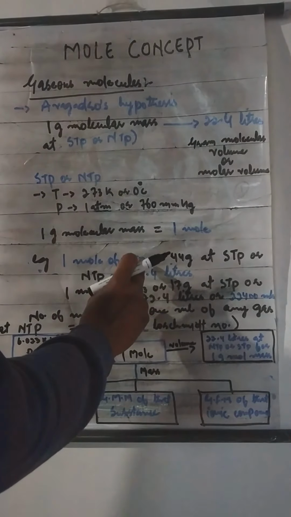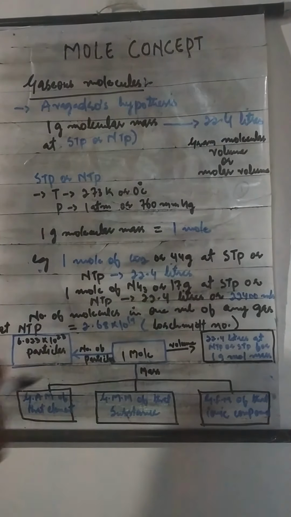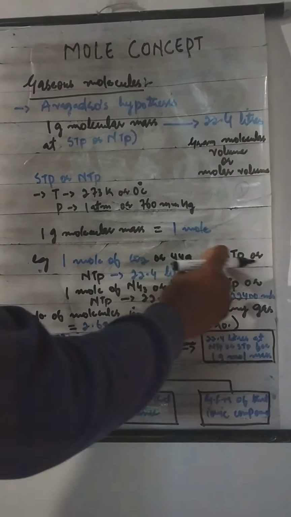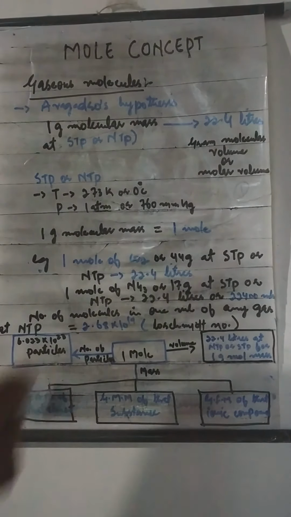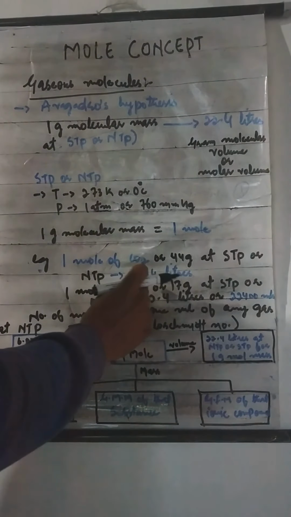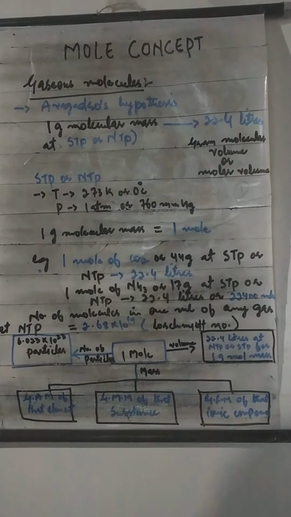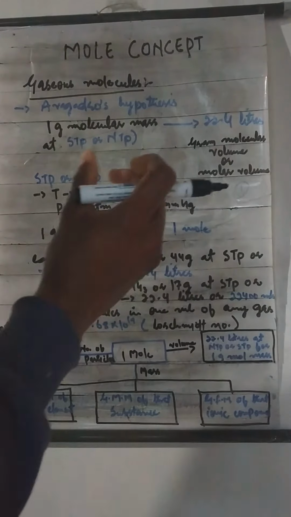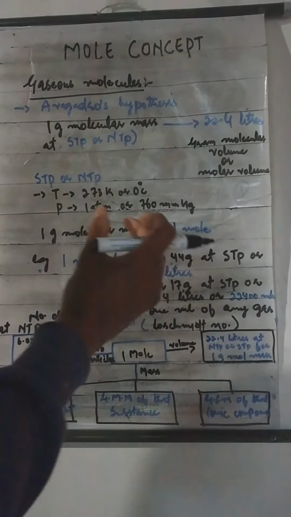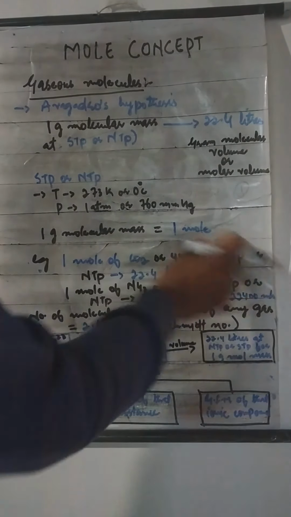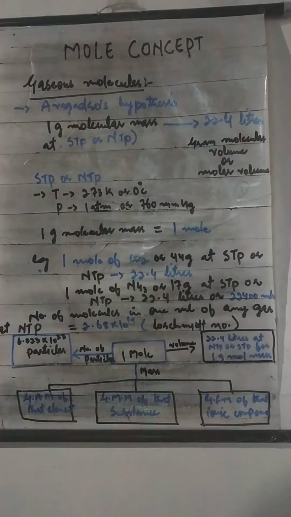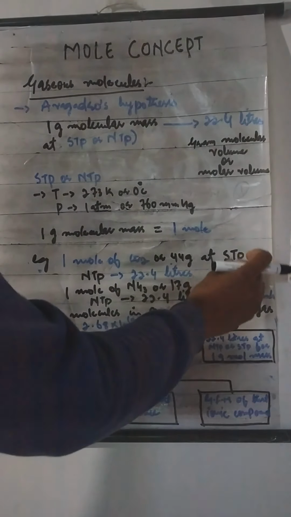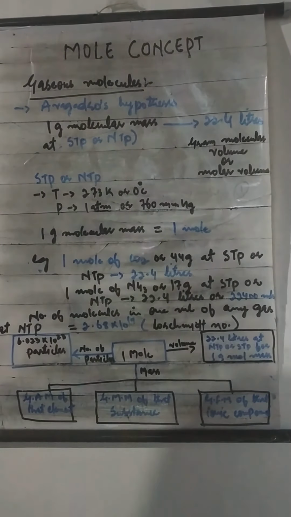1 mole of carbon dioxide, or 44 grams of carbon dioxide, at standard temperature and pressure occupies a volume of 22.4 liters. So we have to measure the volume occupied by any gas at this fixed temperature and pressure.